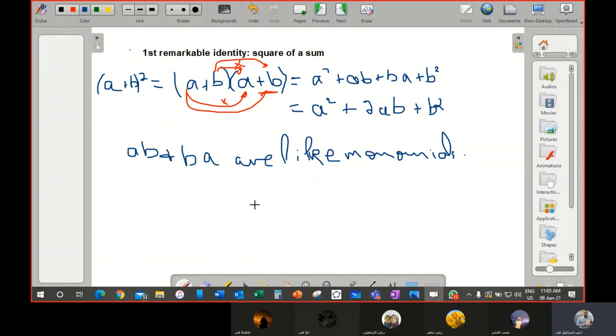Give me an example of two like monomials. 5a squared plus 4a squared. Good example. 5a power 2 and 4a power 2. These two monomials are like because they have the same unknown, which is a, and the same degree, which is 2.